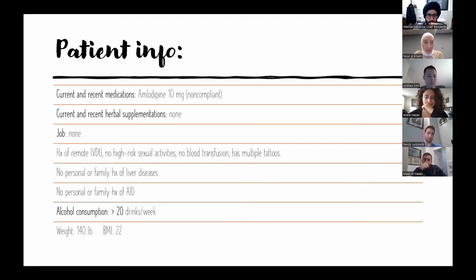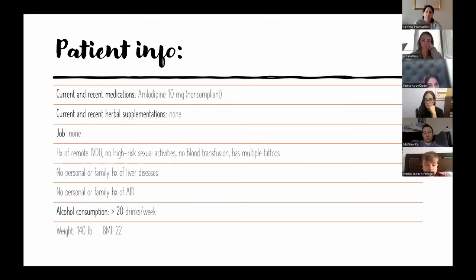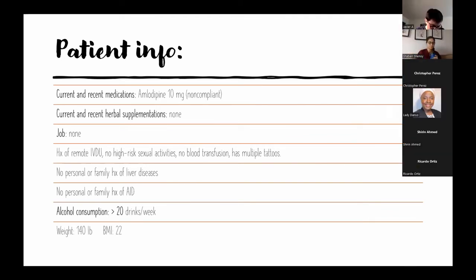So some more information about the patient that we discussed: he is only on amlodipine, no herbal supplementation. He doesn't have a job, has remote history of IV drug use, and there is no family history of liver disease or autoimmune disease. Alcohol consumption was more than 20 drinks a week.